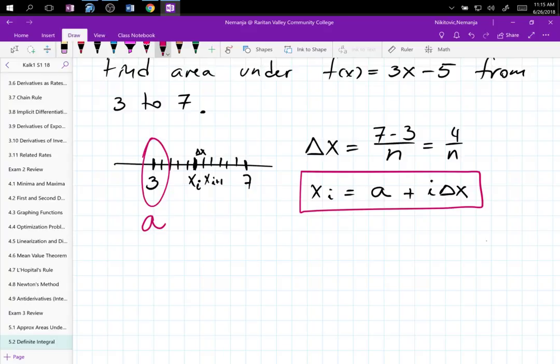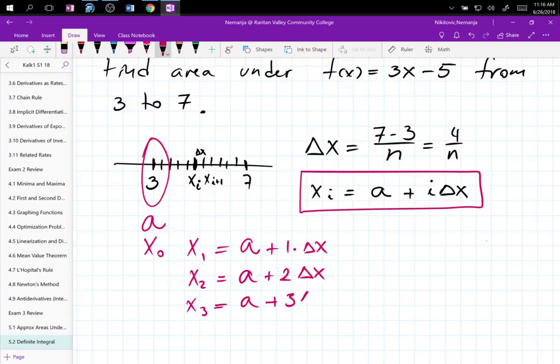A is equal to x0. To move to the x1 position, all you need to do is take your a, which is x0, and add to it 1 times delta x. To get to x2, you take your a and you add 2 delta x. And to get to x3, you have a plus 3 delta x. So that's how the formula works.